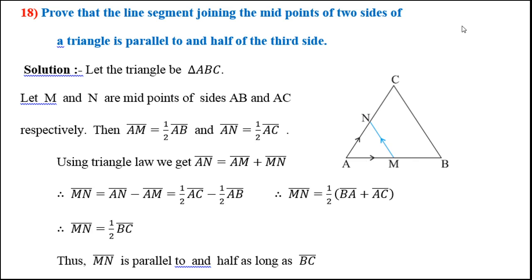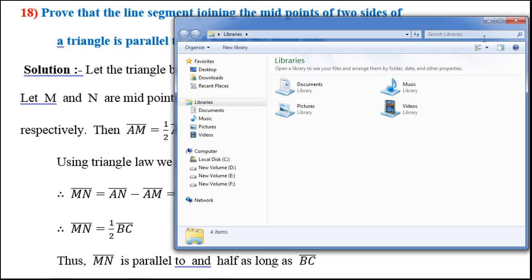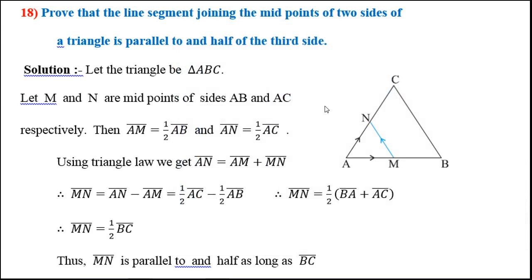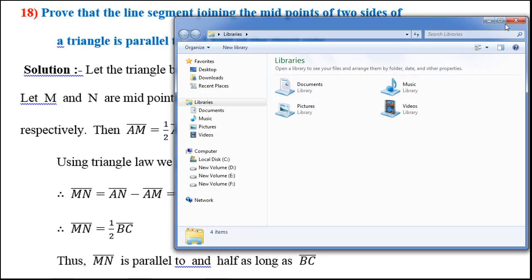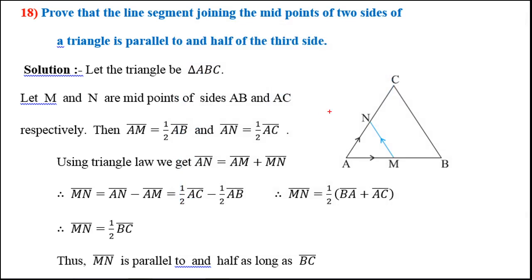If we have any triangle, and in that triangle, if we take midpoints of two sides and the segment joining them, this segment is parallel to the third side and its length is half of the length of the third side. So this problem we have to solve by using vectors.